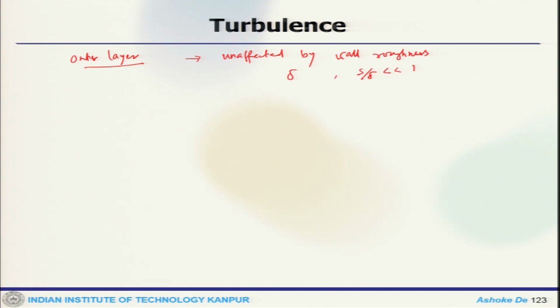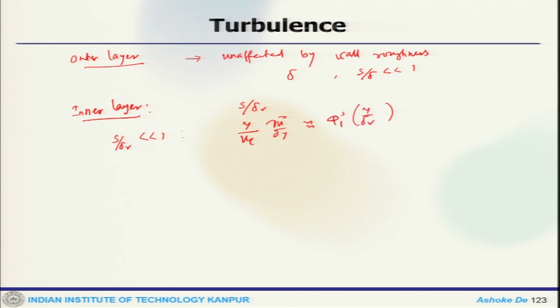Now, the scaling of the inner layer depends on s by delta_v. If s by delta_v is less than 1, one can write y by u_tau del u bar by del y equals phi of y by delta_v.